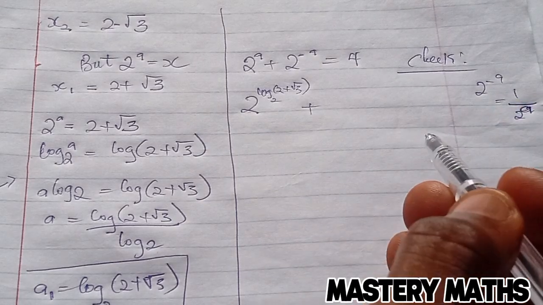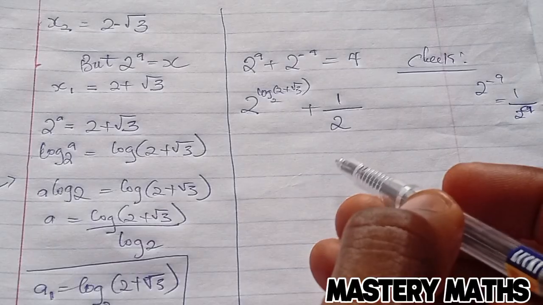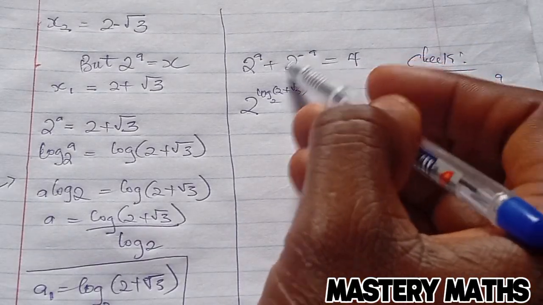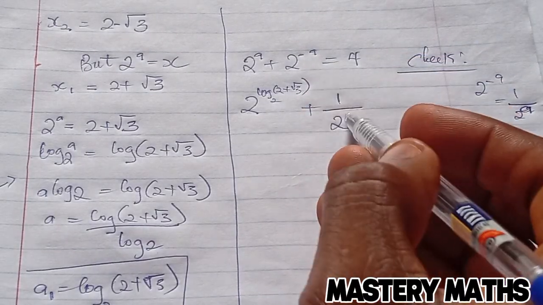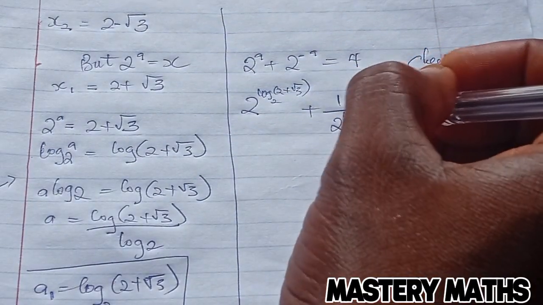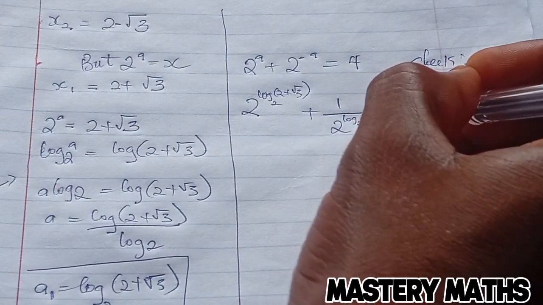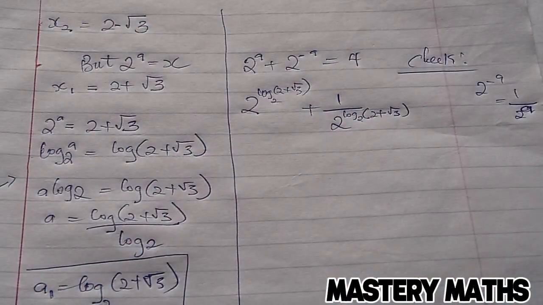So here now, it becomes 1 over 2 raised to the power of A, where the A on top becomes log to the base 2 of 2 plus root 3. You see it now? Now, what should be the next thing?